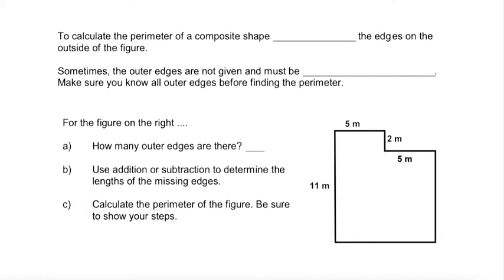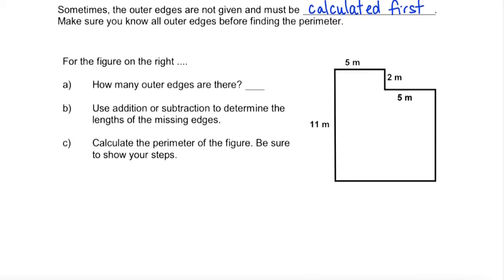So to calculate the perimeter of a composite shape, add the edges on the outside of the figure only. Sometimes the outer edges are not given and must be calculated first. So make sure you know all of the outer edges before finding the perimeter of that shape.